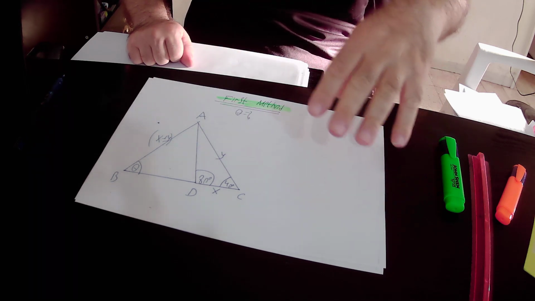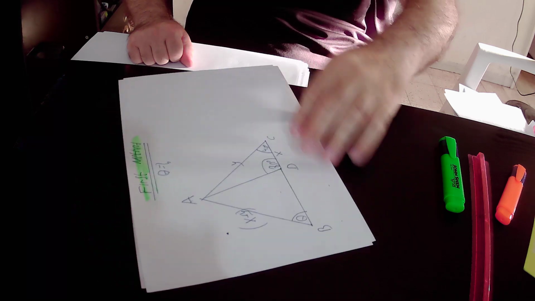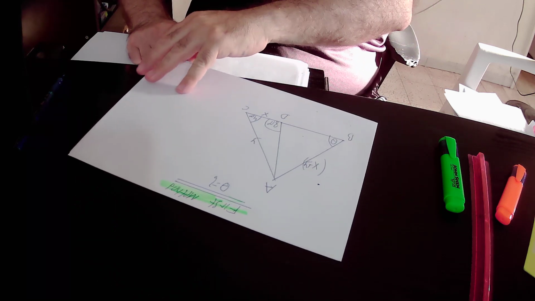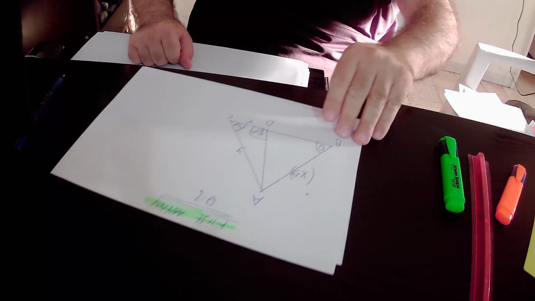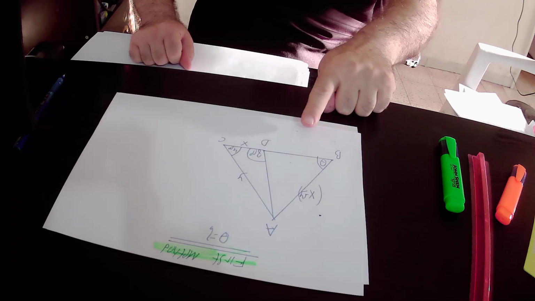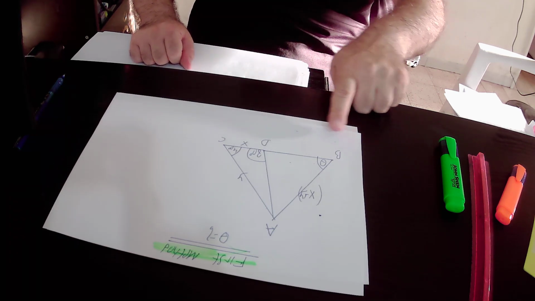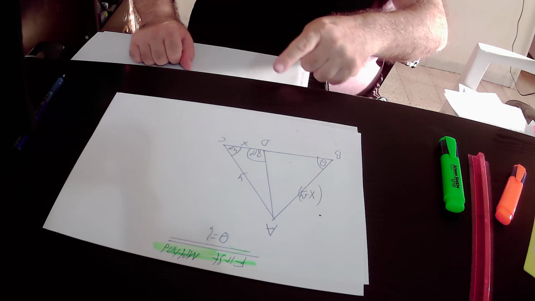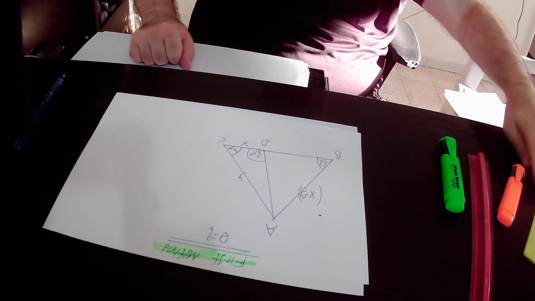So we'll start with the first method. In the first method, we'll do a construction. Here we'll extend side BC by a straight line by Y units.